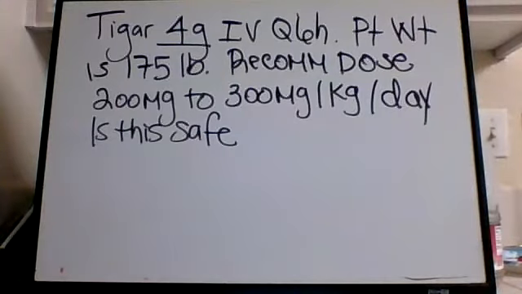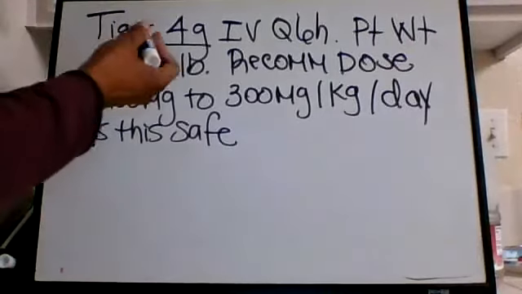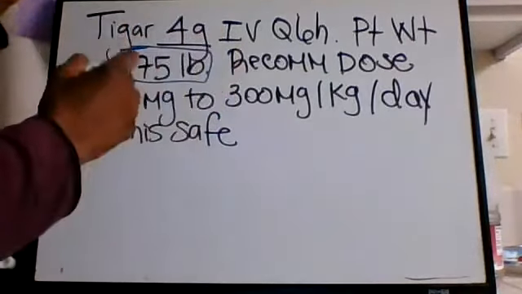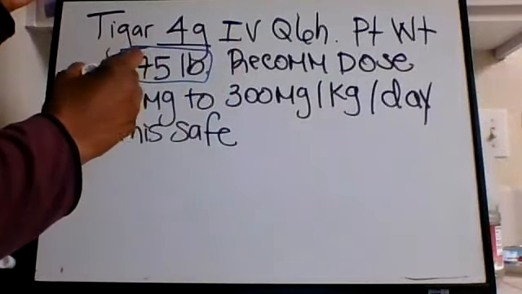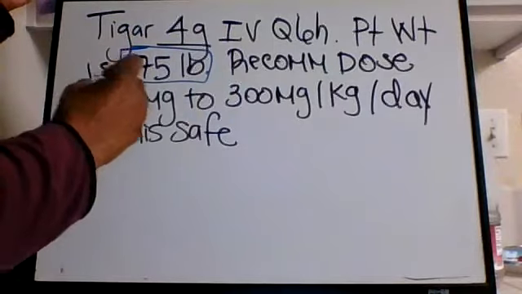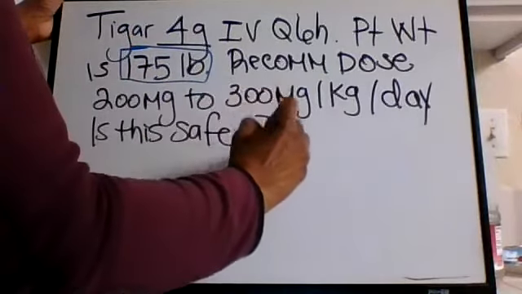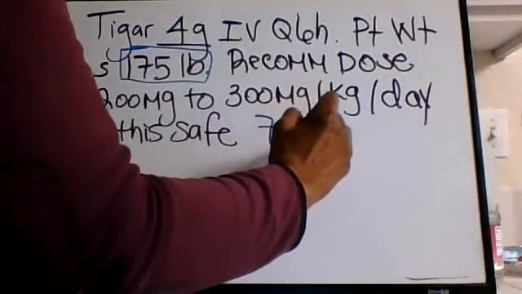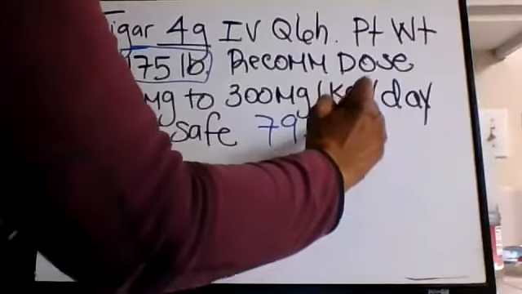It's a little lengthy. It has several steps in it. All right. So the first thing that we have to do is, of course, we need to convert the child's weight. It's a large child at 175. So we're going to convert the weight. 175 divided by 2.2 gives us 79.5 kilograms.